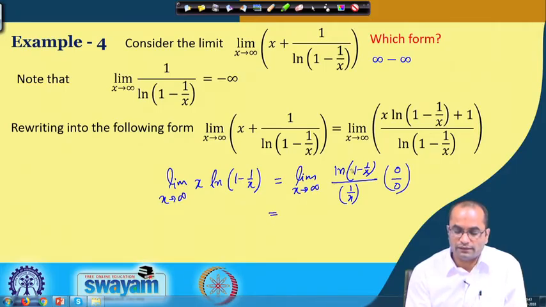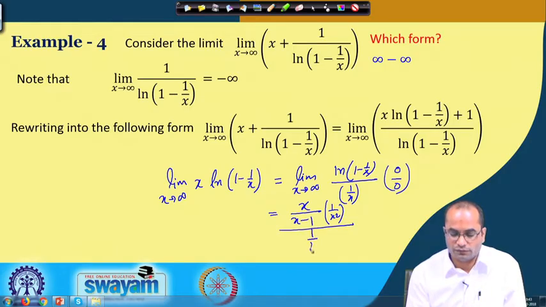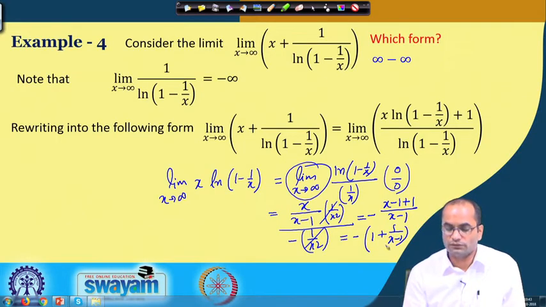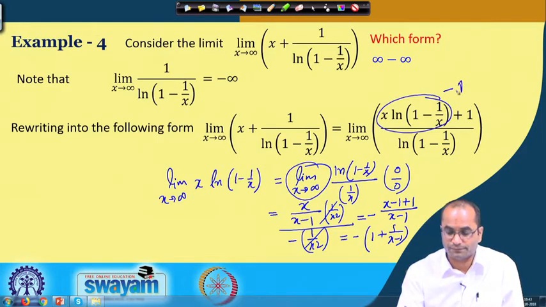So, here ln 1 minus 1 over x will become the derivative x over x minus 1 times the derivative of this term which is 1 over x square, and then we have here also 1 over x square with minus sign. So, this gets cancelled, and then we have with minus sign x and then minus 1 plus 1 divided by x minus 1. So, which we can write down as 1 plus 1 over x minus 1, and when limit x goes to infinity, this goes to 0 and we get this limit as here minus 1.